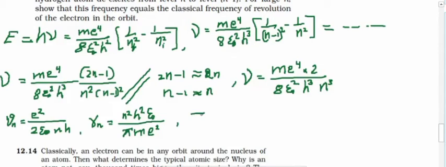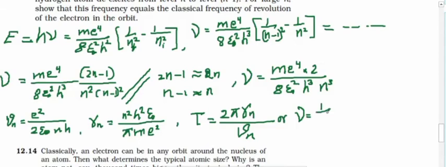Now we can have the time period T is equal to 2 pi Rn divided by Vn, or frequency is equal to 1 by T is equal to Vn divided by 2 pi Rn.